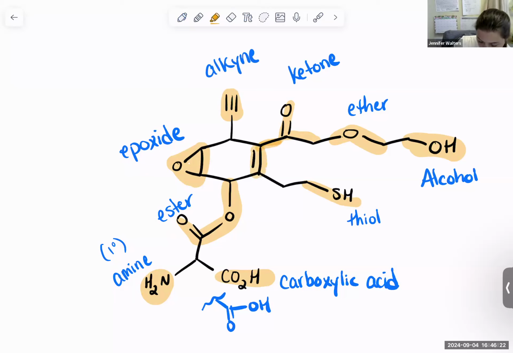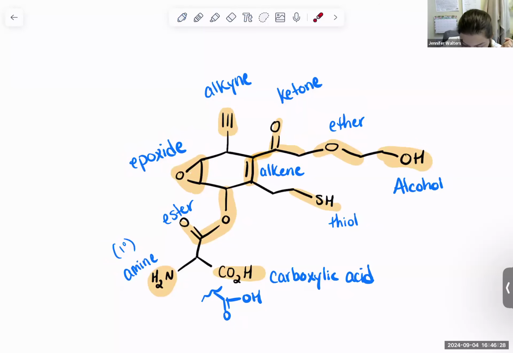And here is my carbon-carbon double bond, that is an alkene. I also have that methylene and a methine and another methine. Those are not functional groups. Alkanes are not functional groups. Those are motifs to describe it. Hint, that's a question on the quiz. They're not functional groups. Sorry, that was aggressive with the pointing.